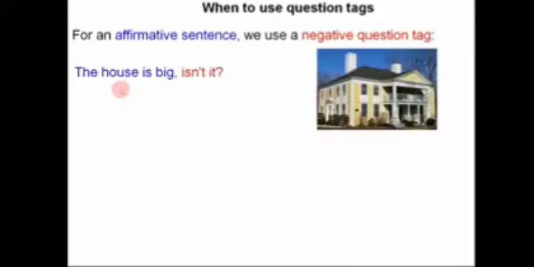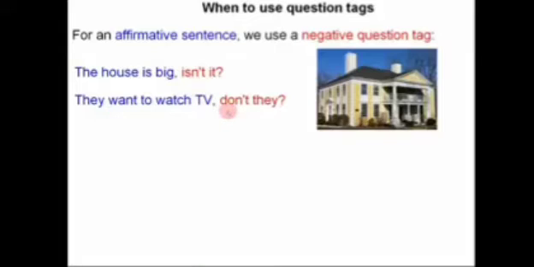Look at this example. The house is big, isn't it? The house is big is the positive statement. It is in the affirmative. That is the sentence in that construction. Isn't it is the negative question tag. Look at the verb is in the sentence becomes negative isn't in the question tag.